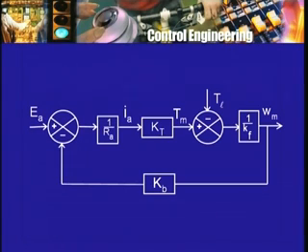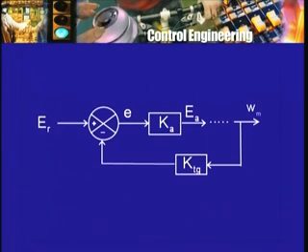So if I do it with the blocks, then what is the feedback action? Well, Er is the reference signal, then there is this difference device, plus minus as usual. The input to that comes through the K tachogenerator block from omega m, so that is taken care of that way.